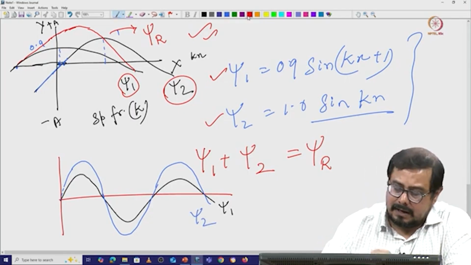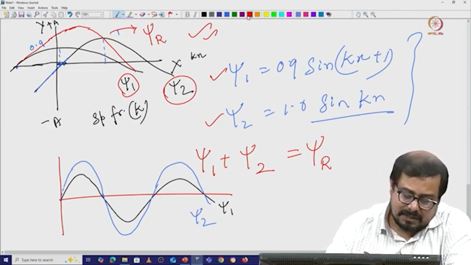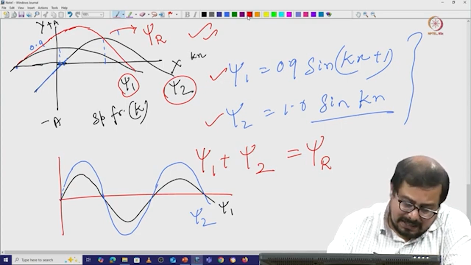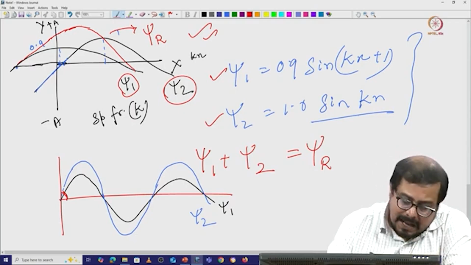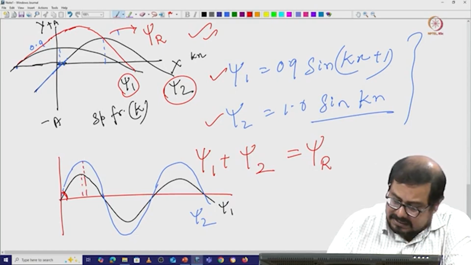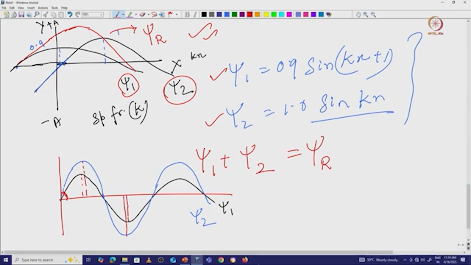When we have this kind of two waves and they merge together, you can see both of them are in the same phase, there is no phase difference, and the only difference is that the amplitude is changing.